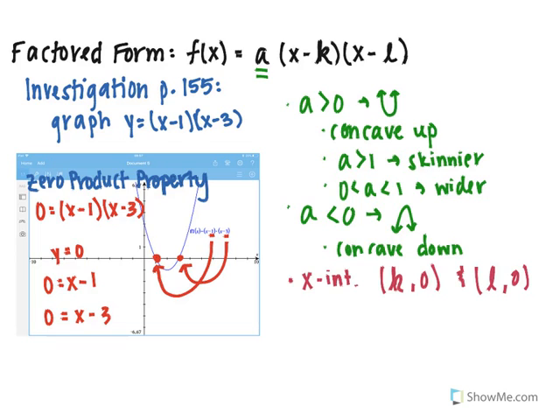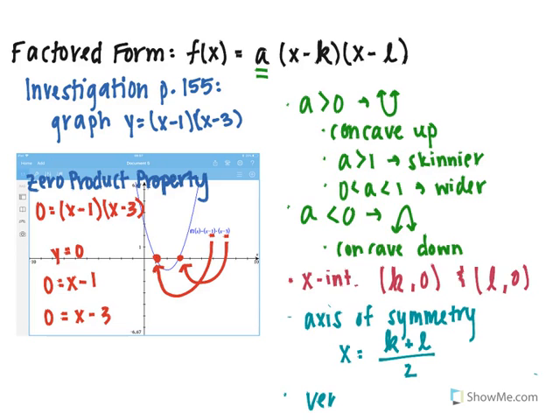Now our axis of symmetry again is right in the middle of our parabola, and it's actually right in the middle of our x-intercepts. So we can find our axis of symmetry. And remember, since it is a line, it has an equation. It's always x equals. We can find it by averaging our x-intercepts, so by adding k and L together and dividing by 2.